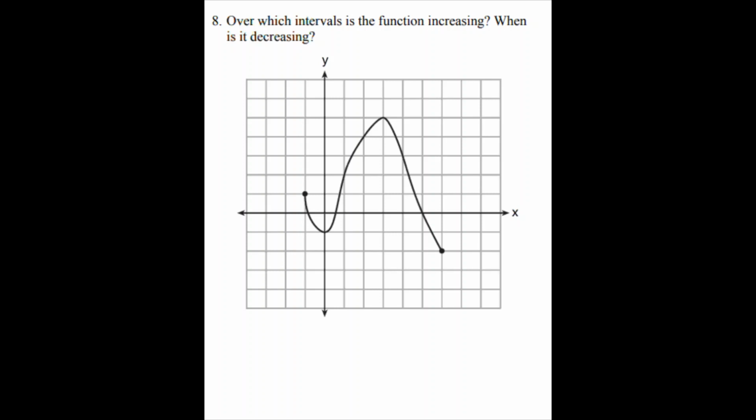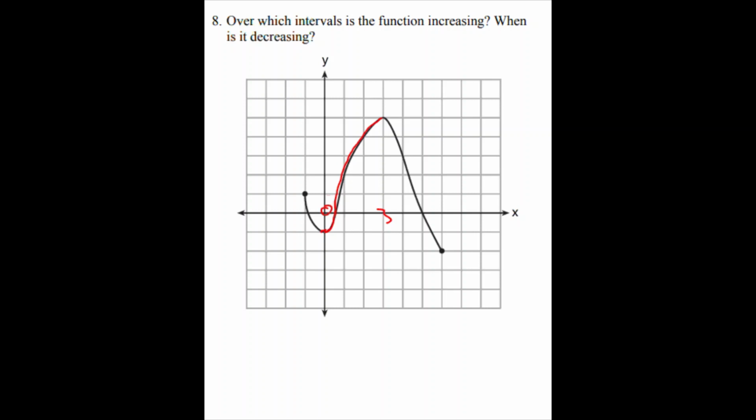Well, and so now we're at question number 8, where we wonder over which intervals is the function increasing and when is it decreasing. And so when we talk about the function increasing, we're looking for where the graph starts at a valley and then goes up to a hill. And here we're talking about the valley down here, and we'll go all the way up along this part of the graph, going upwards. We see the x values go from 0 to 3.